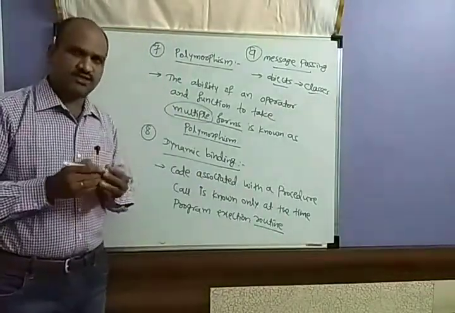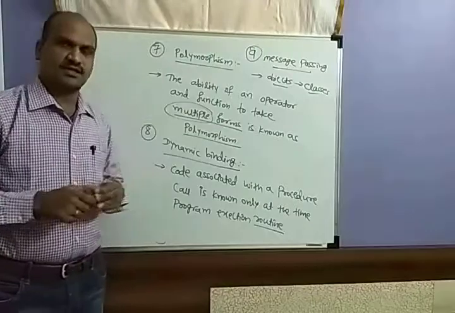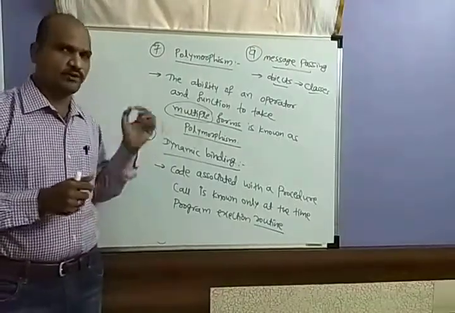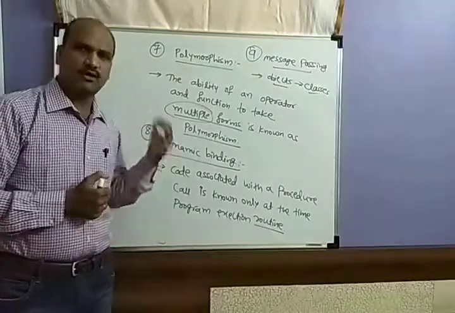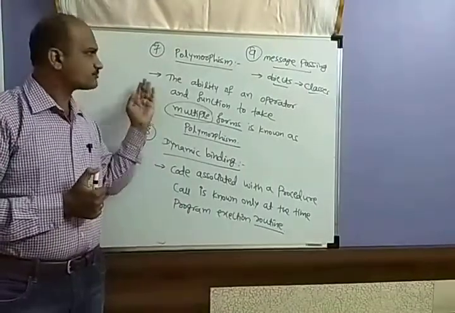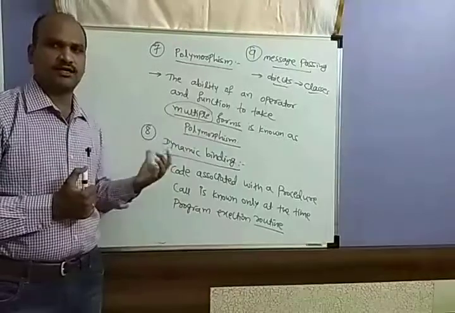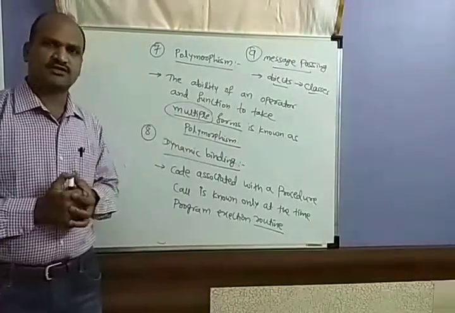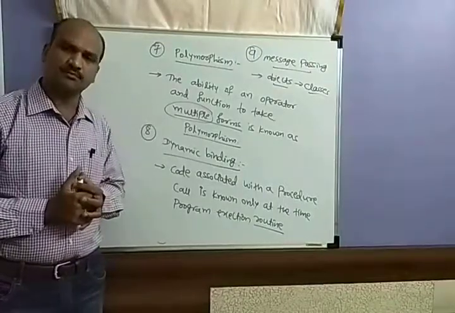So objects, classes, data abstraction, data encapsulation, inheritance, overloading, polymorphism, and dynamic binding are the different characteristics of object oriented programming.